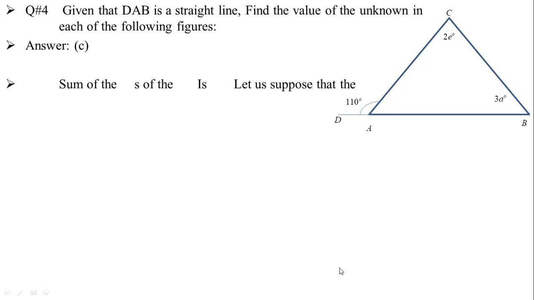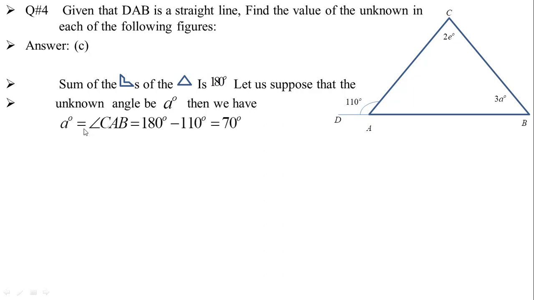We have the sum of the angles of a triangle is 180. Let us suppose that the unknown is E degrees. We have angle A, that is CAD, is equal to 180 minus 110 is equal to 70 degrees. Here we can find this angle. The arrow sign denotes the angle A. We can write that A degrees is equal to the straight line angle 180 minus 110 is equal to 70 degrees.